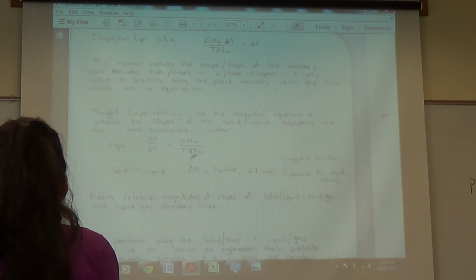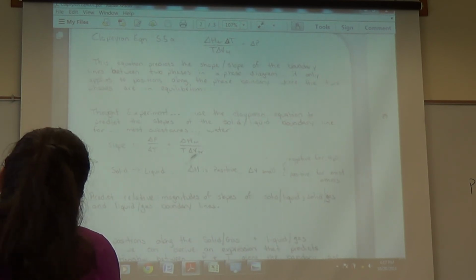What's delta V going to be like when you move from a solid to a gas or a liquid to a gas compared to moving from a solid to a liquid? It's going to be a lot larger because the gas volume is larger, right? And so the delta V of the transition ends up being larger for a solid to gas transition or a liquid to gas transition.